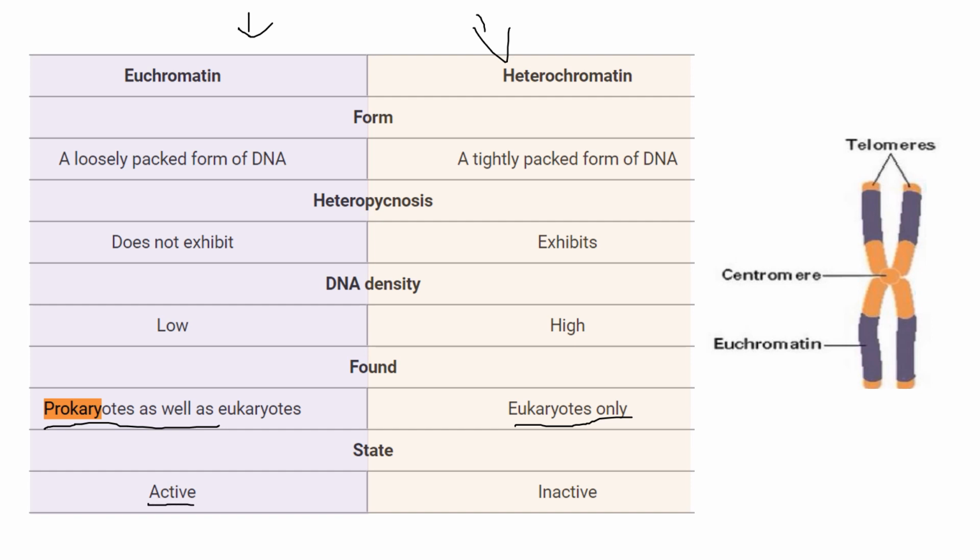Euchromatin is active, as we said before, while heterochromatin is inactive. Euchromatin has a low DNA density, while heterochromatin has a high DNA density because it's all packed, with the nucleosomes all close together. So here it is loosely packed, and here it is tightly packed.